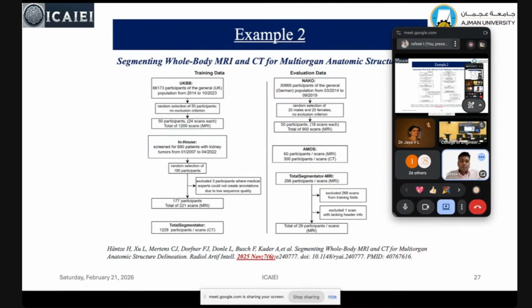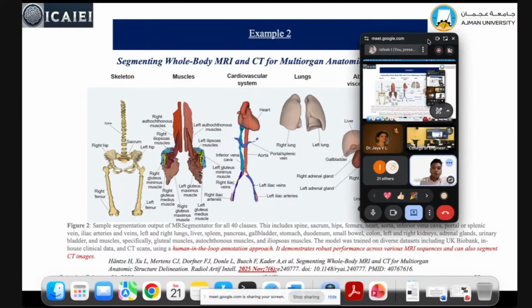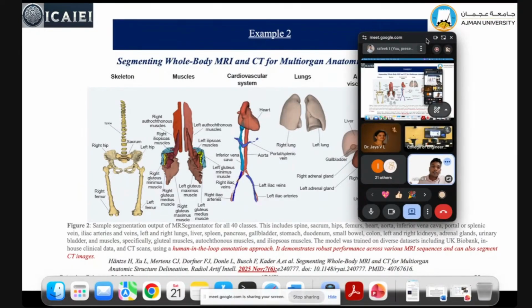And finally, one example: recently I saw one paper where they released a model for segmenting whole body MRI and CT. They collected data from public repositories and their own in-house data set of both MRI and CT, and they automatically segmented around 40 classes of the digestive system.